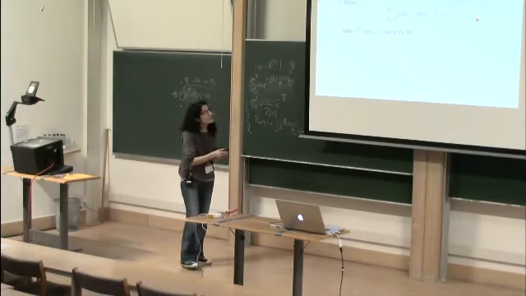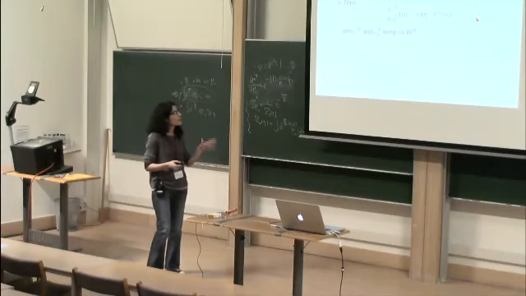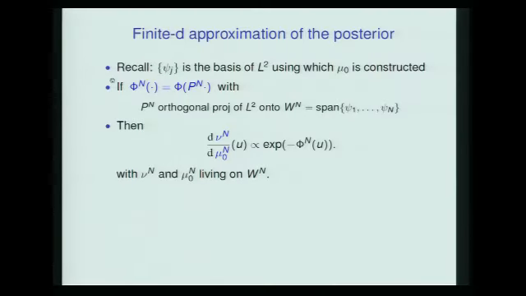Now, for the finite dimensional approximation and the weak error that might be of interest, remember we started with the wavelet basis because we thought it might be better for the type of the unknown function that we want to find.